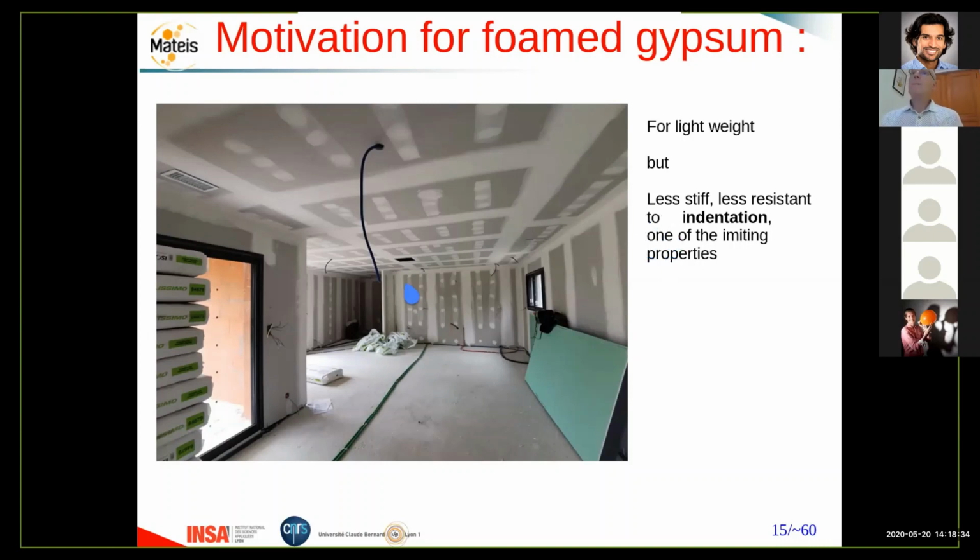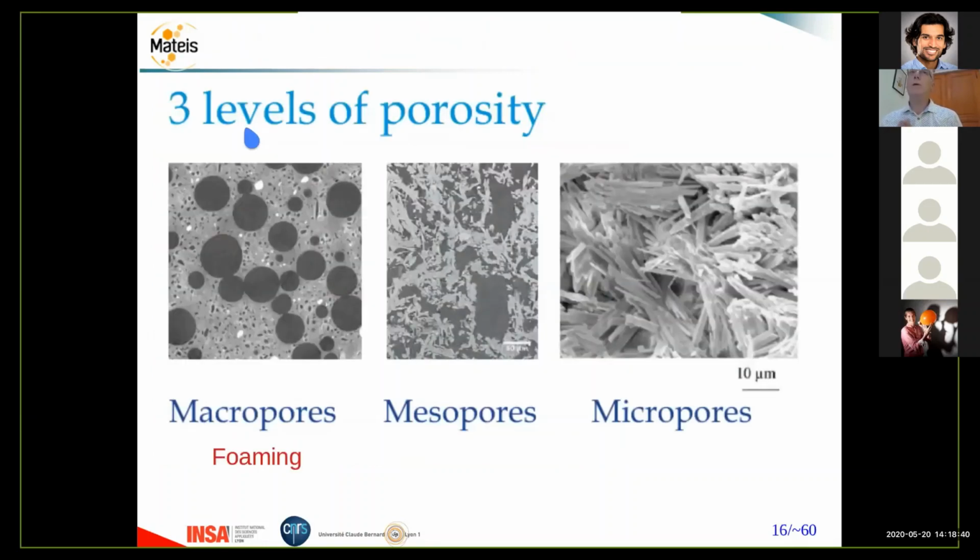So gypsum, normally plaster, has different types of porosities. Normally it has two types of porosities. You have the porosity between the needles, which is called the microporosity, and you also have the porosity at a higher scale, what we call the mesopores. So if you look at these two images, this is the microstructure that you have in a standard plasterboard sample.